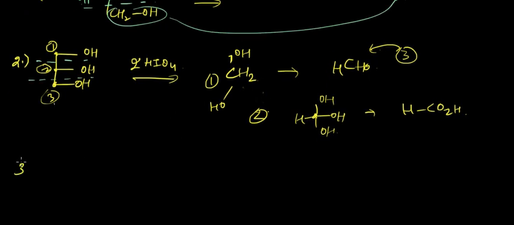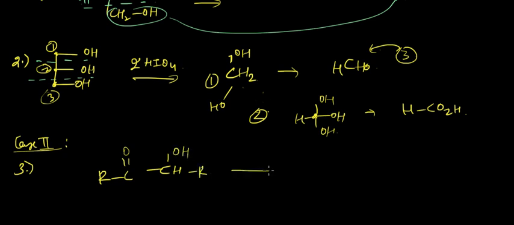Okay, let's look at another example, case 2, where we have alpha hydroxycarboxyl. In a sense, we have this compound with CHOH and R, and in presence of HIO4 it will provide, this is the alpha hydrogen for the carboxy group.